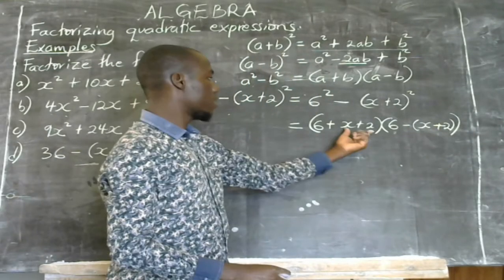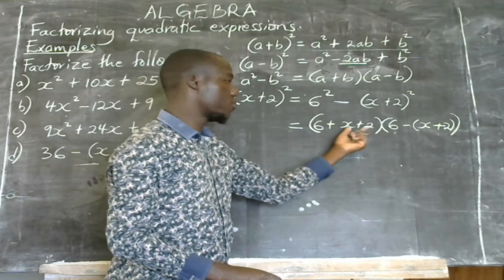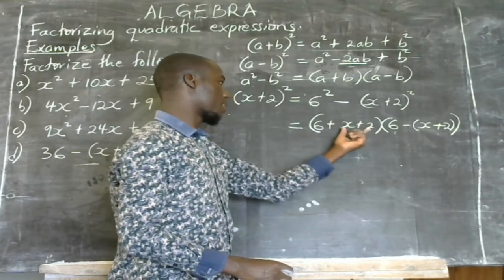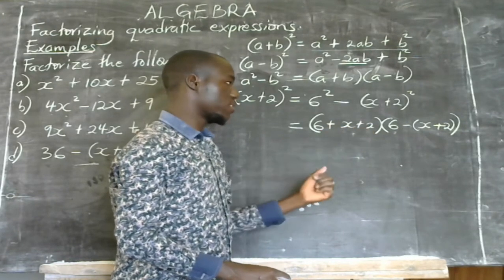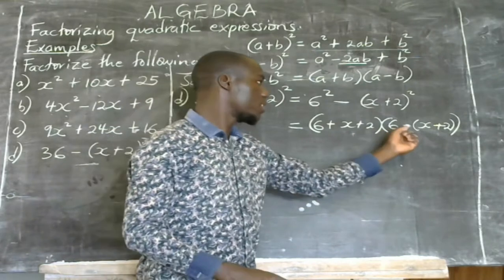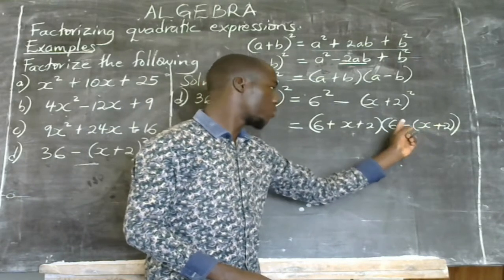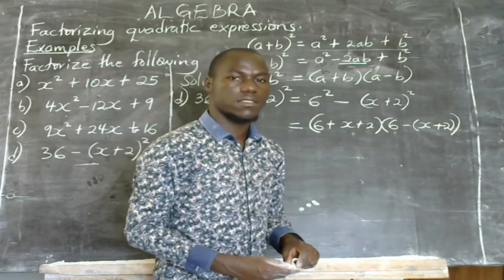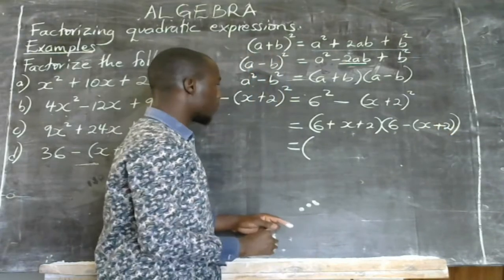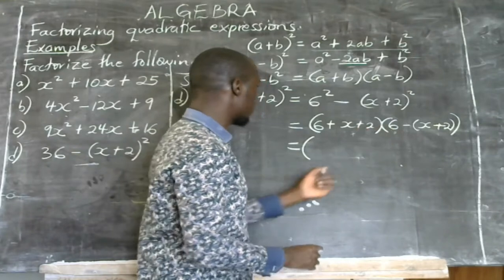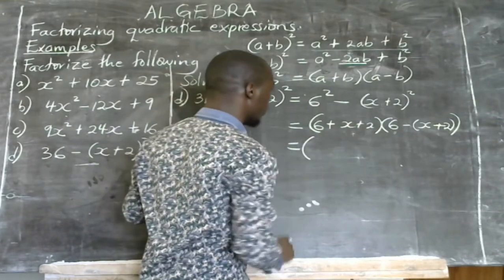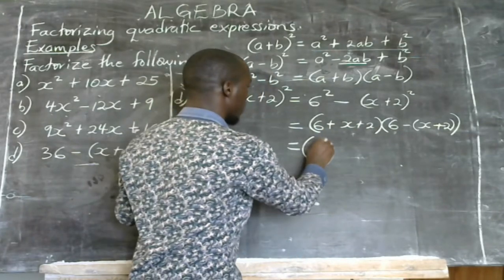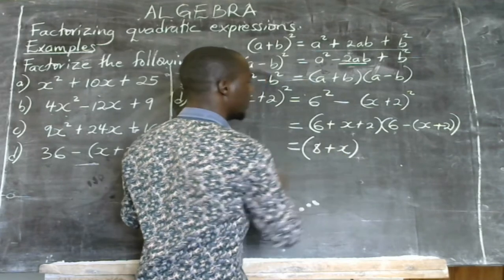This one here, I've not put the bracket because the positive cannot affect whatever is inside the bracket. But for the negative, I've put the bracket because I know the negative can affect whatever is inside the bracket. So now simplifying each bracket, 6 plus 2 is the 8 plus x there.